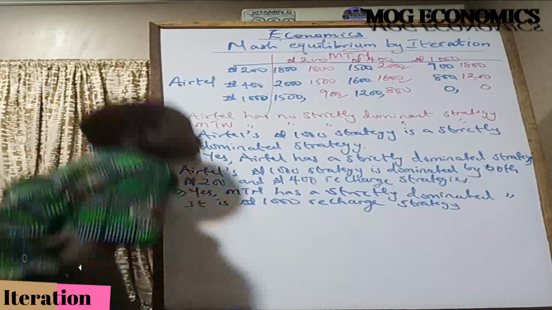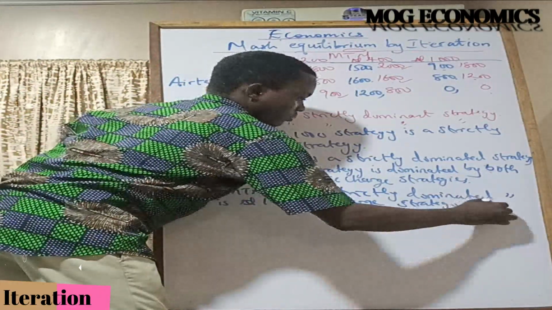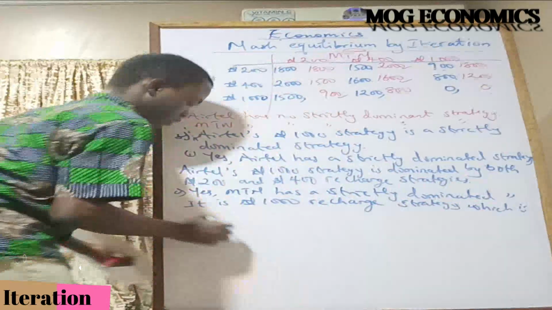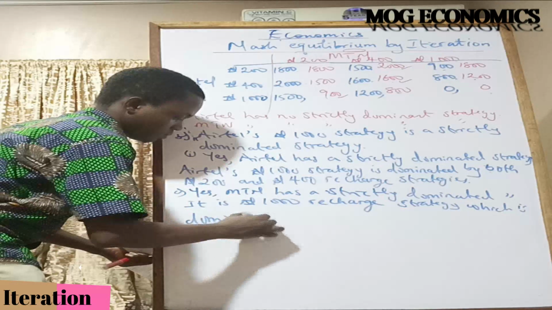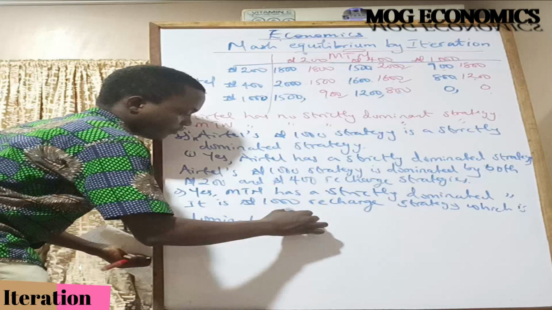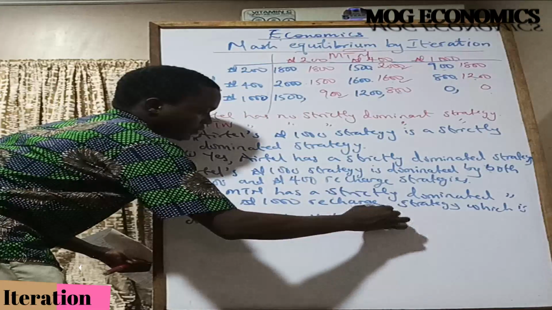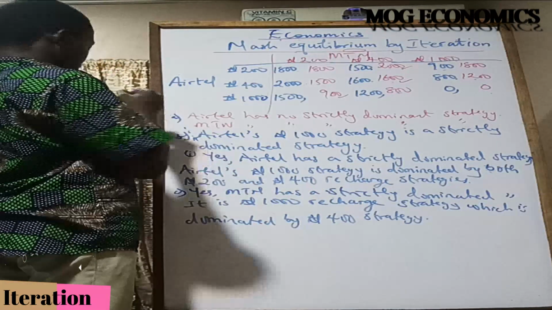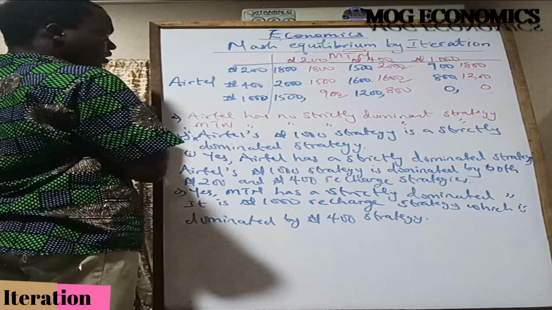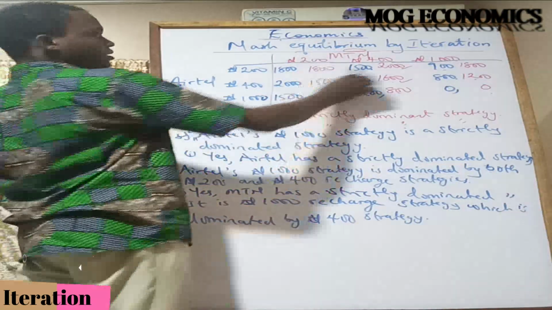It is dominated by the 400 naira strategy. So it's only dominated by the 400 naira strategy. It's not dominated by the 200 naira strategy, because let me see. 1/8 is as good as 1/8.